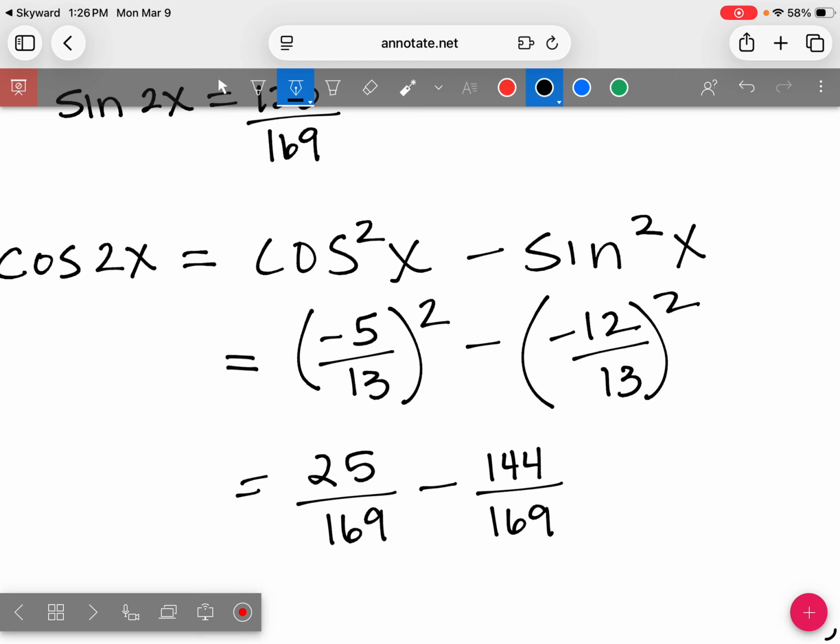All right, let's go ahead and see what we get here. When you subtract these, we already have a common denominator, so that's good. So we need to take 144 minus 25. But remember, because I'm taking a bigger number away, my answer is negative. So go ahead and figure out what 144 minus 25 is.